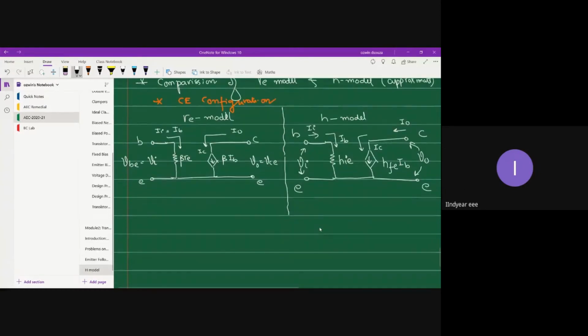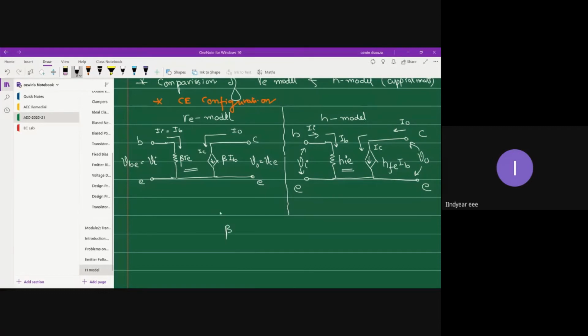Now, if you were to compare the two, you would see that VI is the same, which is measured across base and emitter. Here also in the RE model, you measure the input voltage across base and emitter. The only difference is the nomenclature. For beta RE in the RE model, you have HIE in the H model.